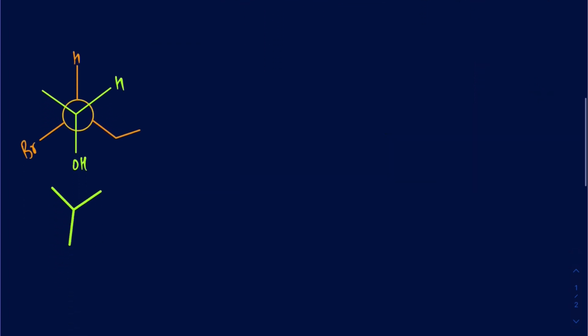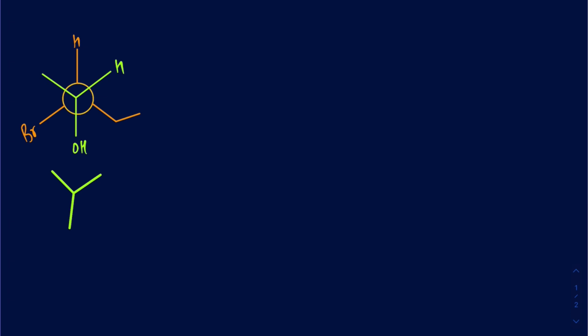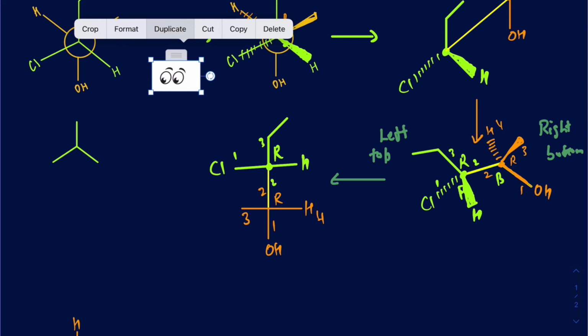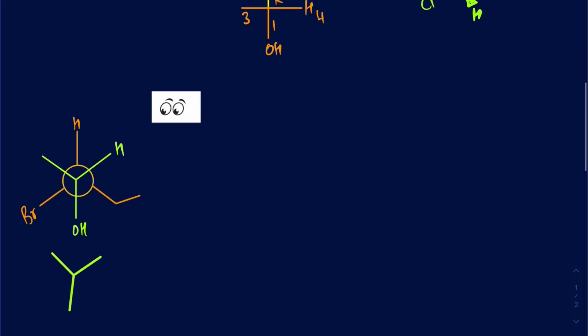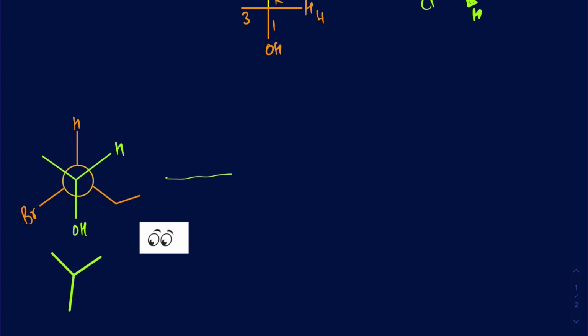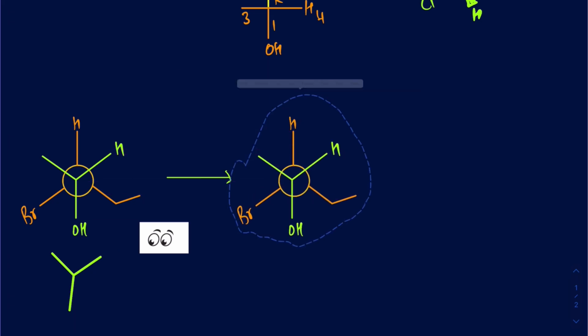And let's look at this next structure where I have the actual Y form, and we're still going to be looking from the right side. So I'm just going to go ahead and get my eyes down here just so that you're looking from the right side. And when we're looking at it from the right side, we still are going to have this right side coming out of the page, and maybe I can just go ahead and draw that so that it's easier for us to look at it.